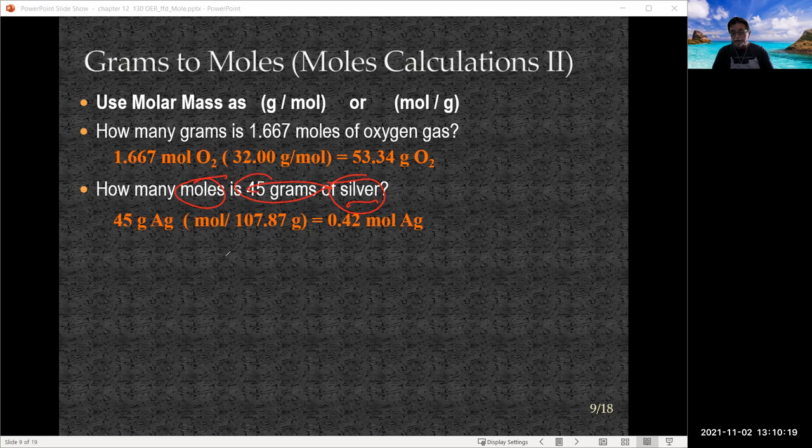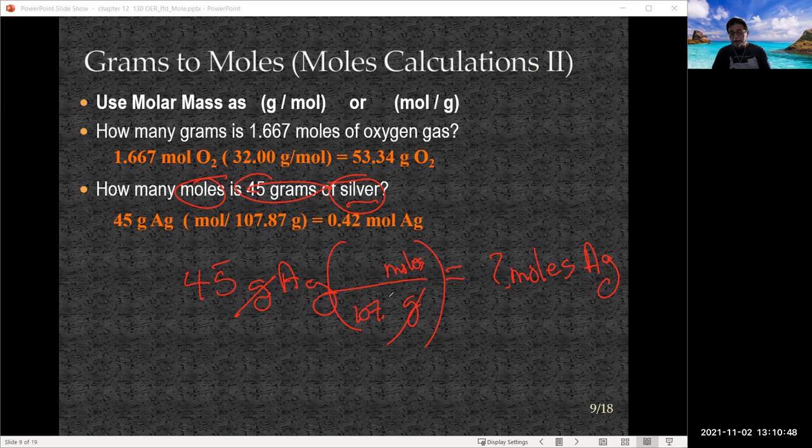If I forget how to set that up, again, write down what I'm given: grams of silver. You are looking for moles of silver. Therefore, my conversion factor will have grams in the denominator, moles on top, because my grams cancel. So you can see that I'm dividing by the atomic weight of silver when I start with grams.